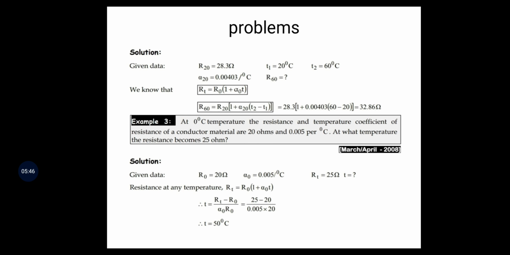Next, let us see another example. At 0 degree centigrade temperature, the resistance and the temperature coefficient of resistance of a conductor material are 20 ohms and 0.005 per degree centigrade.